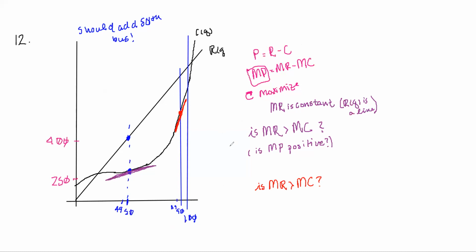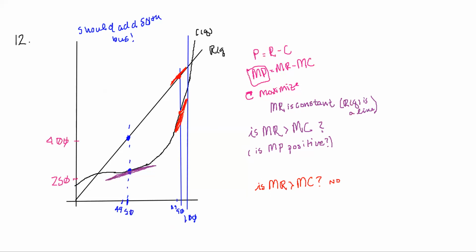Is marginal revenue greater than marginal cost? Okay. This is our revenue right here up top, and the slope of our cost tangent line is going to be greater. So the answer to this is actually no.